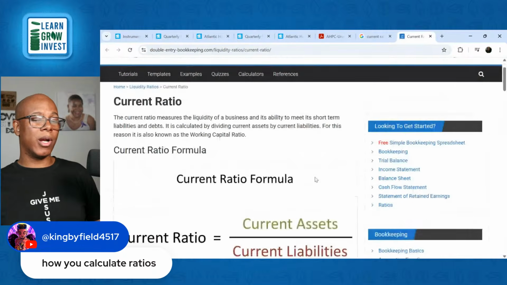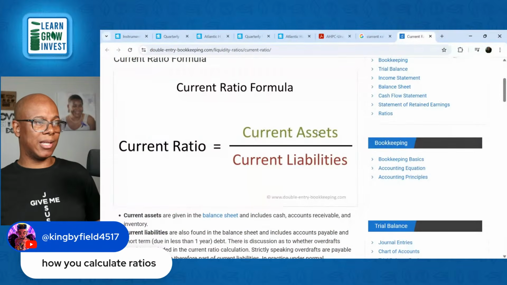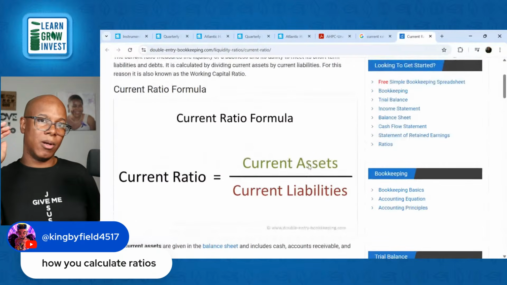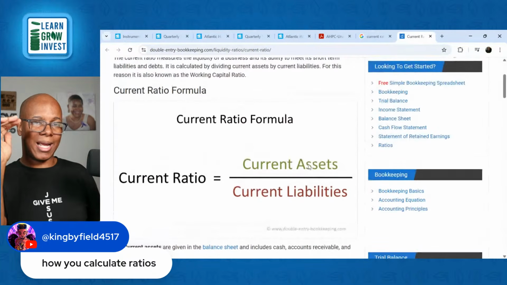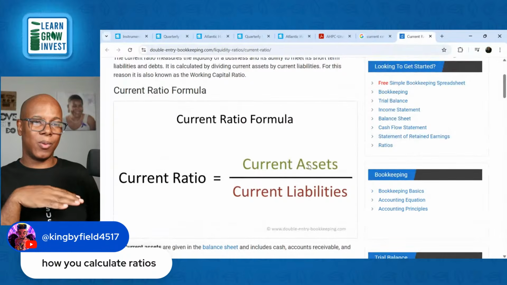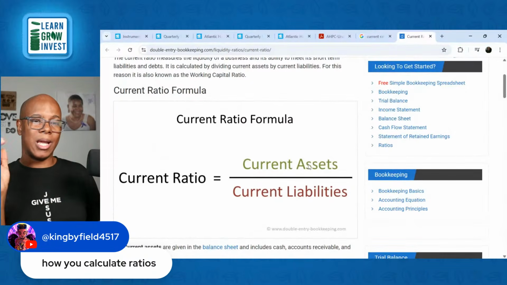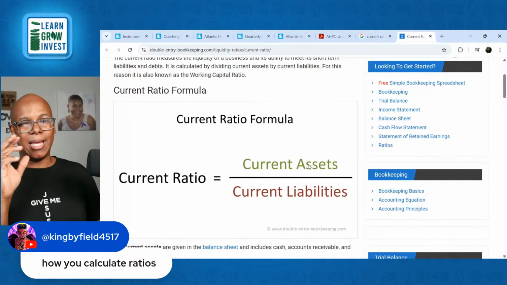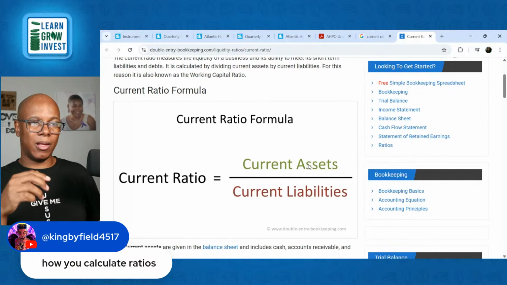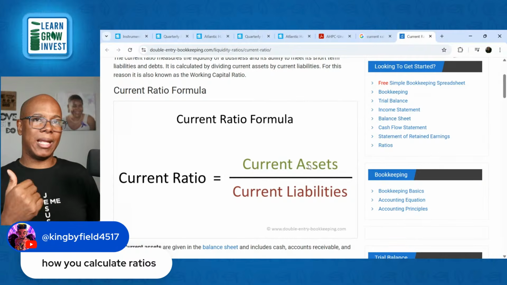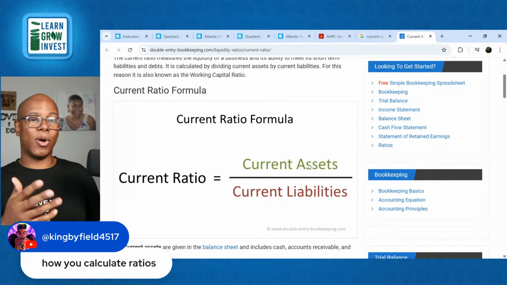Yeah. So the current ratio is when you take the current assets and you divide it by the current liabilities, right? So remember, on the asset side, we saw their current assets. On the liabilities side, we saw their current liabilities. So you'd calculate the current ratio by taking that number and dividing it by the other, and what we're looking to see is, for example, how many times we can pay our current liabilities from our current assets.